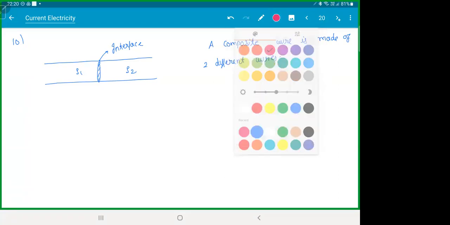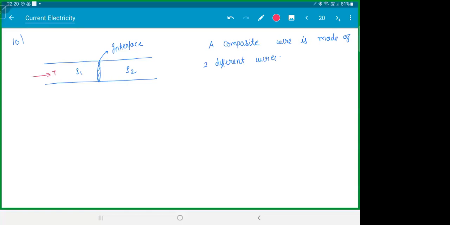And the current flowing through this is I. Find the charge at the interface. Because of this, there will be an interface.